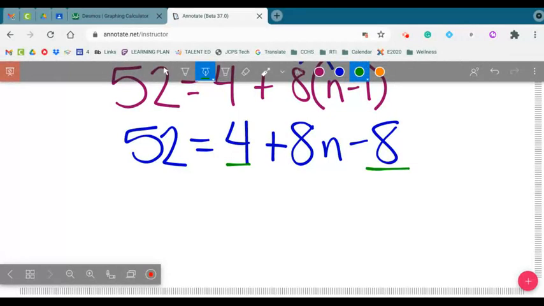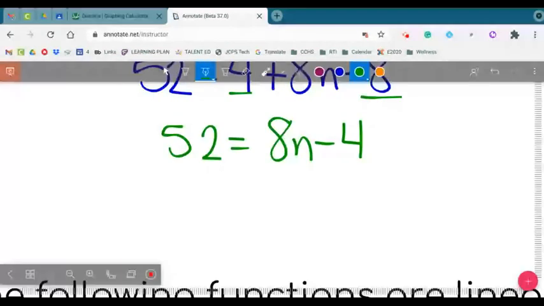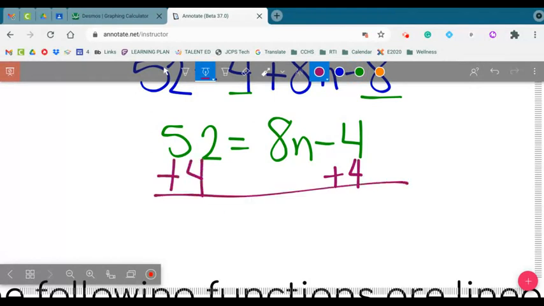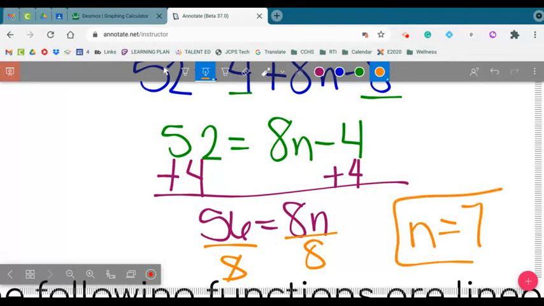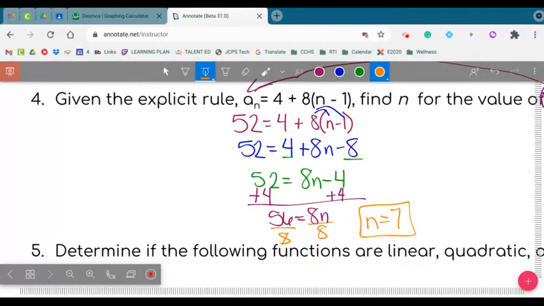You then can combine your like terms. So I'm going to get 52 equals 8n minus 4, because that's what 4 minus 8 is. Add your 4. You get 56 equals 8n. And then divide by 8, and my n value is going to be 7. So 52 is the 7th term in the sequence. So make sure you guys know how to do this, because this will probably be one of the harder questions.